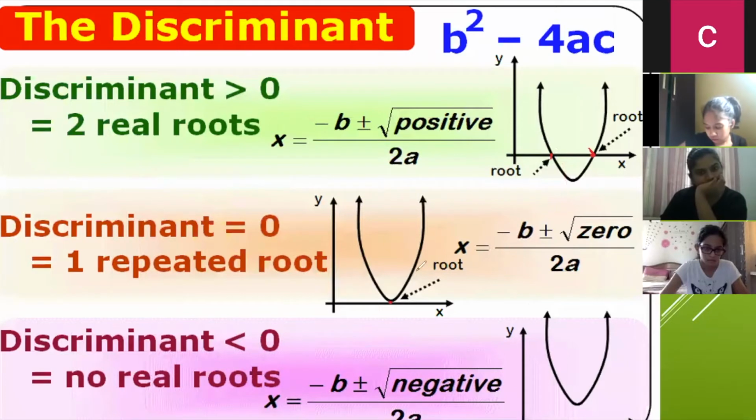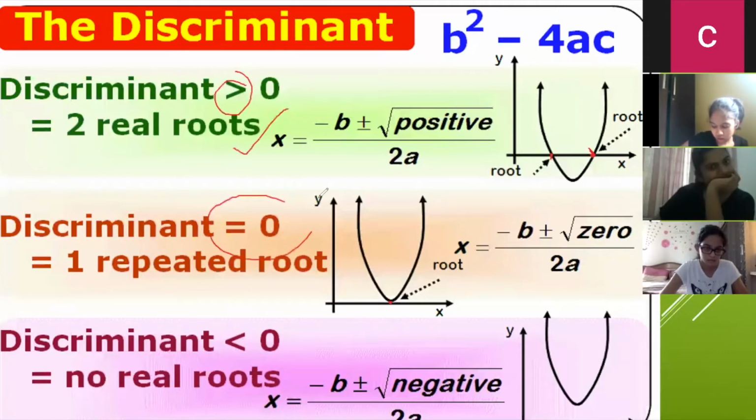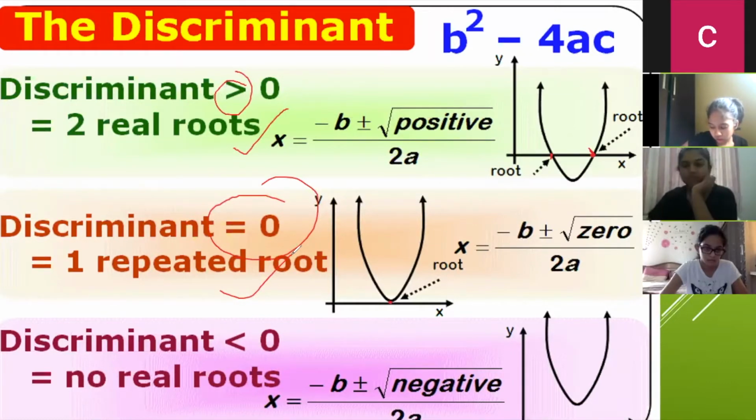Children, the discriminant: if it is positive, more than 0, there are 2 roots. If it is equal to 0, 1 root, but since it is a quadratic equation, 1 root means both are equal roots. If it is less than 0, inside the root you will get a negative, so there are no real roots.